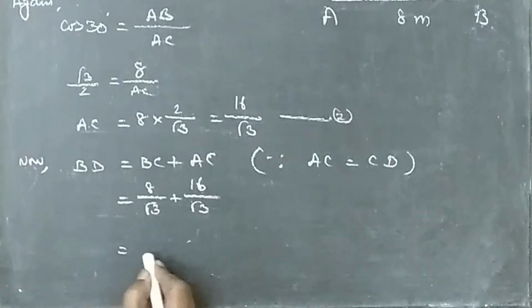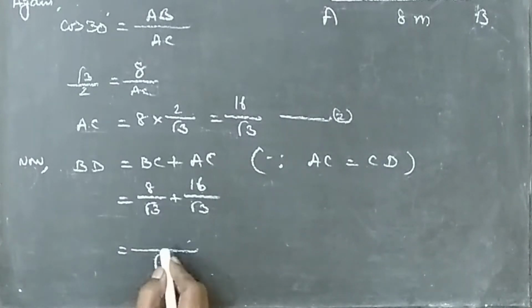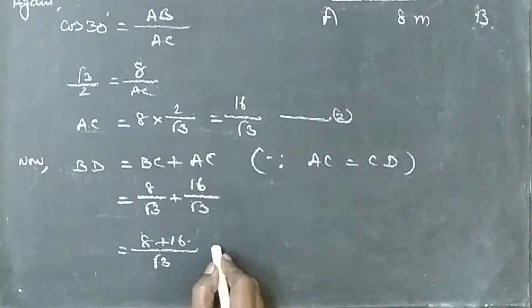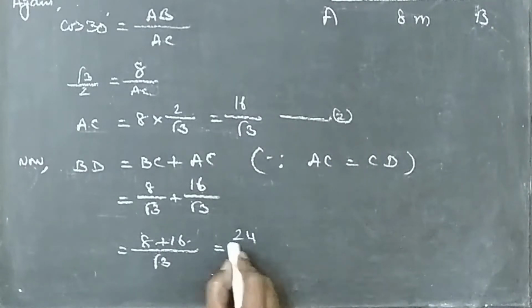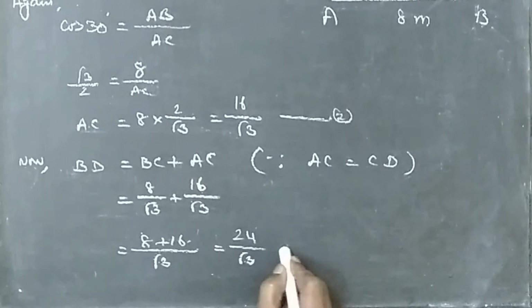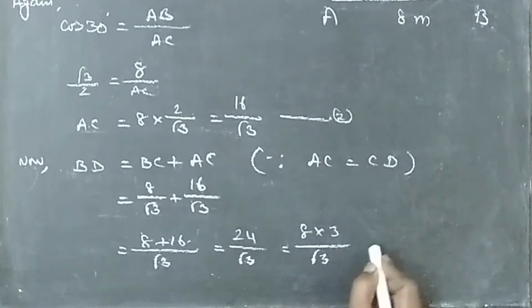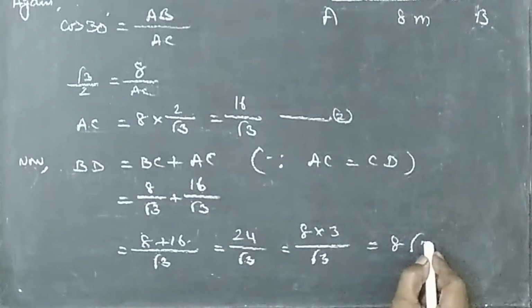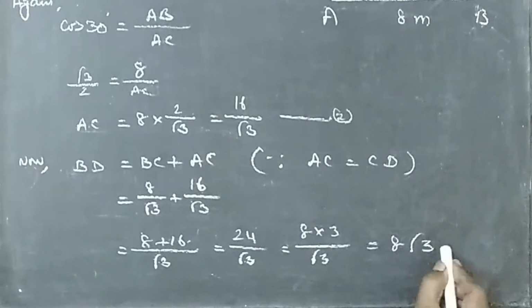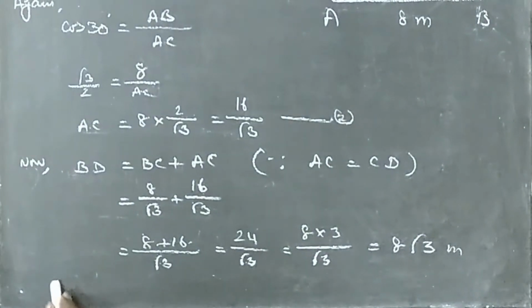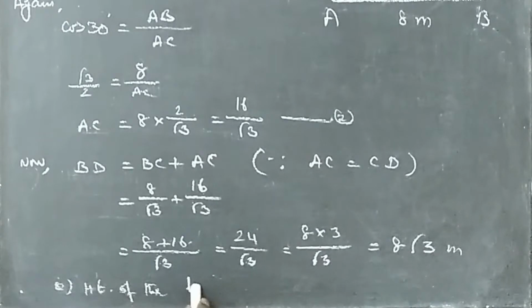Taking LCM, this equals 8 plus 16 by root 3, which equals 24 by root 3. 8 3s are 24 by root 3. This equals 8 root 3 meter. That is, the height of the tree is 8 root 3 meter.